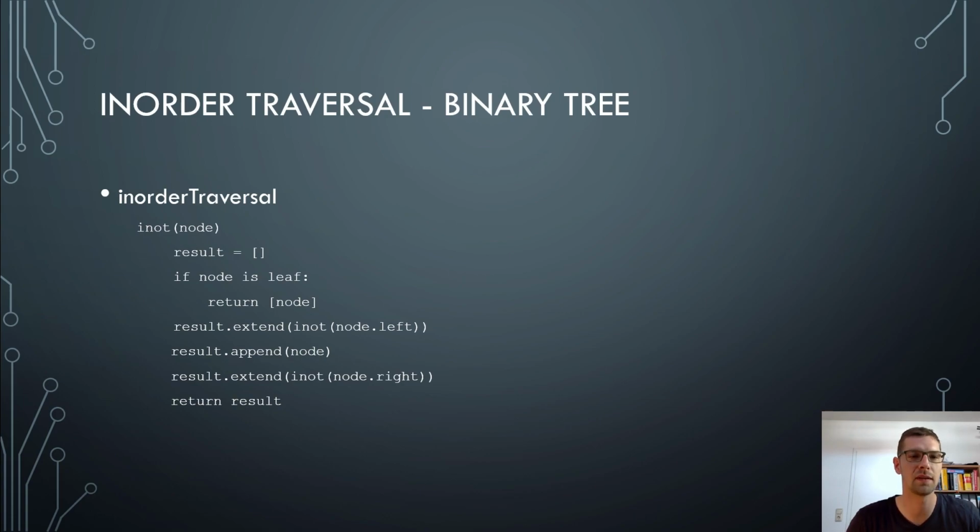Well, if you want to have a look at it as an algorithm, here we have the node algorithm, where we have a result, and we say if it is a leaf node, then we return our leaf node as a single list, and then we go in and say we traverse our left subtree, and we append the result of our left subtree to our result list.